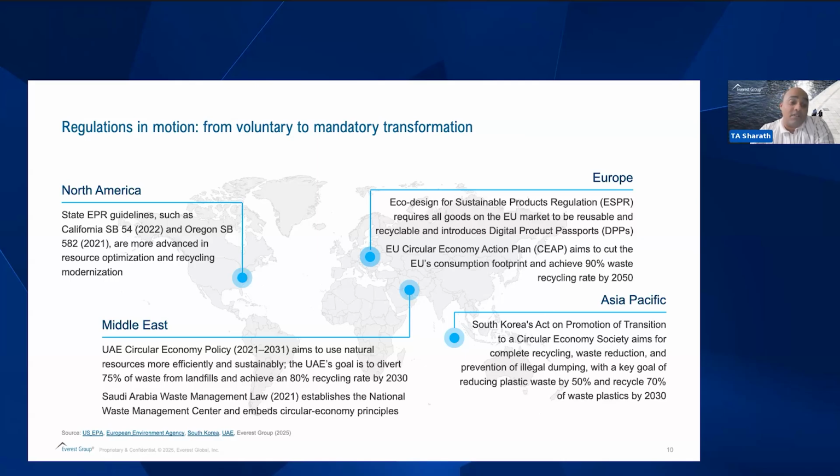Well, that's a steeper goal, but again, I hope they achieve it by 2030. South Korea is more logical and more rational. They want to achieve a 50% recycling rate. They're there, and they would also like to achieve a 70% waste recycling rate by 2030.